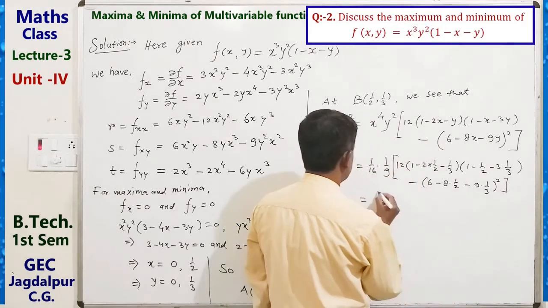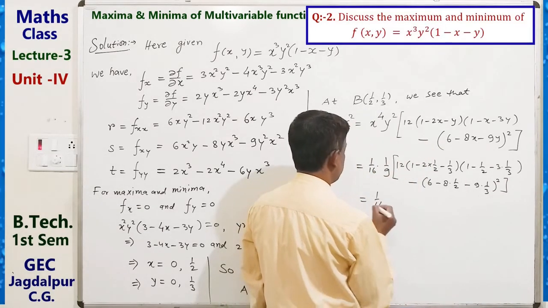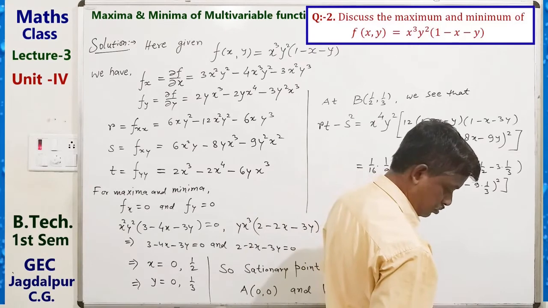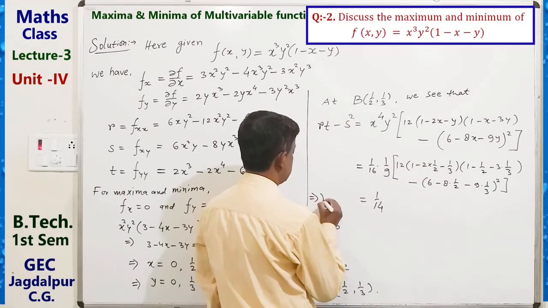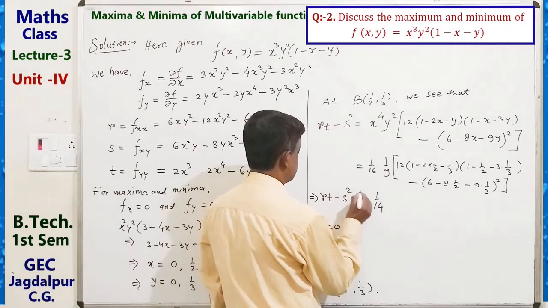This is equals to 1 upon 144, implies RT minus S square.